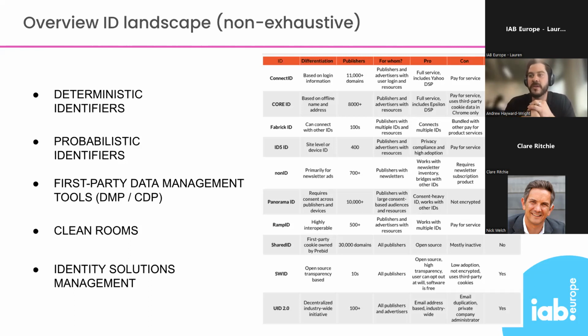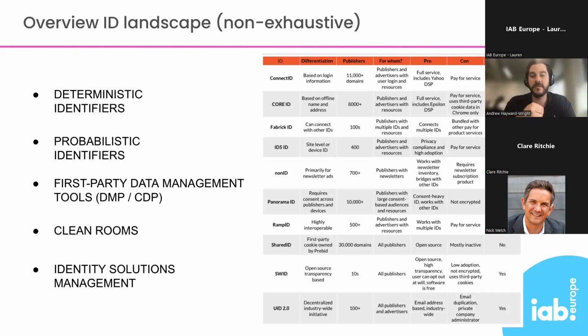And probabilistic is the use of machine learning and various data signals to understand the likelihood of a user's identity. We also have first-party data management tools, so your DMPs, your CDPs, data clean rooms, enabling advertisers and buyers to match their first-party data without mixing it or exposing it.